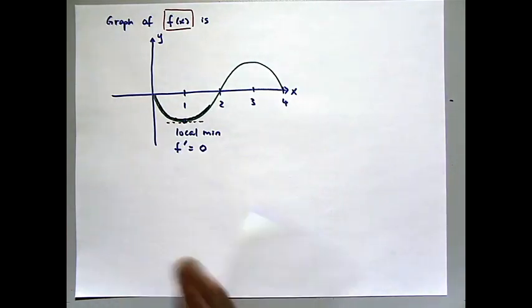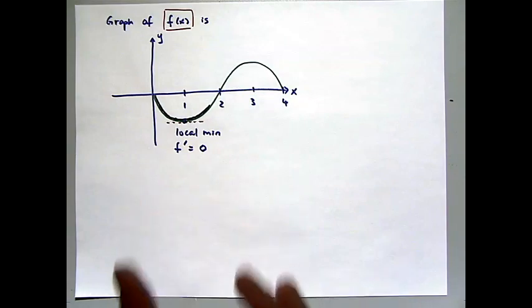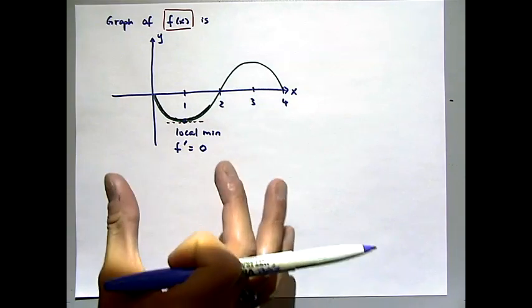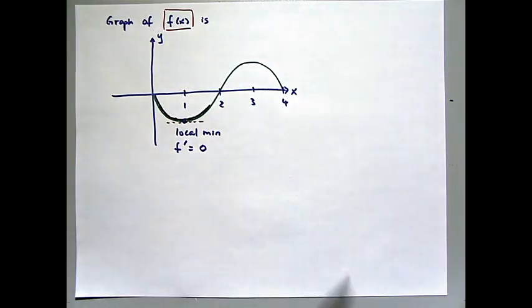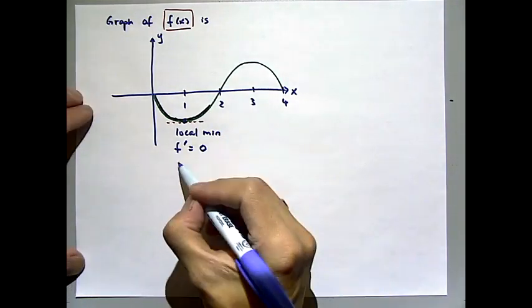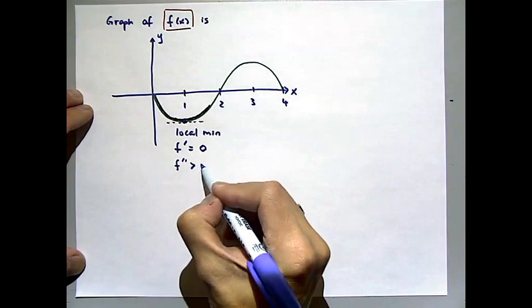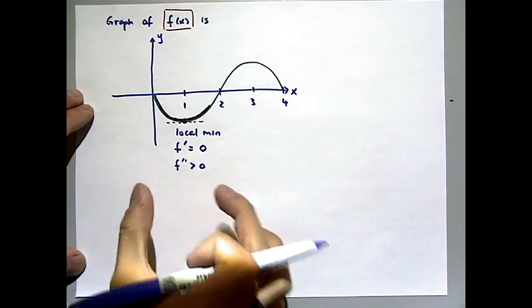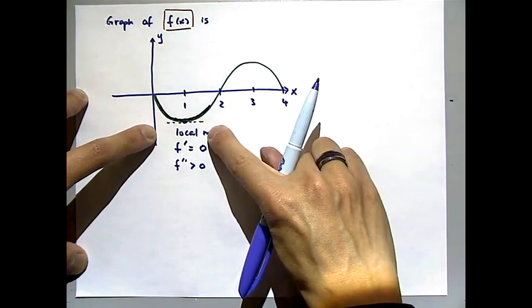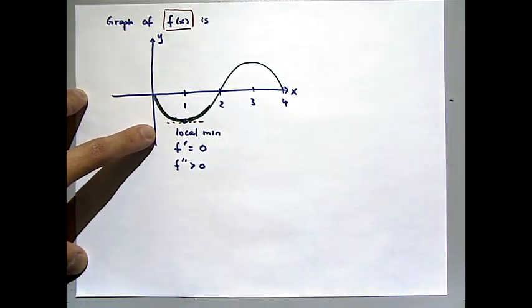Our local minimum is sitting near a region that looks kind of like part of a parabola that opens upward. And we know when that happens, the second derivative is positive. It's concave upward near the region of the local minimum. See that?